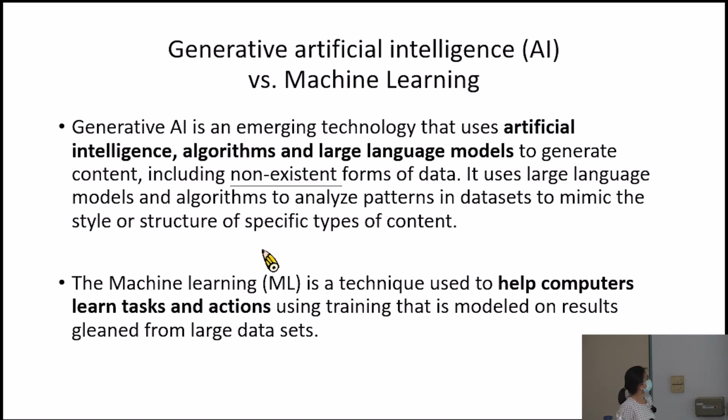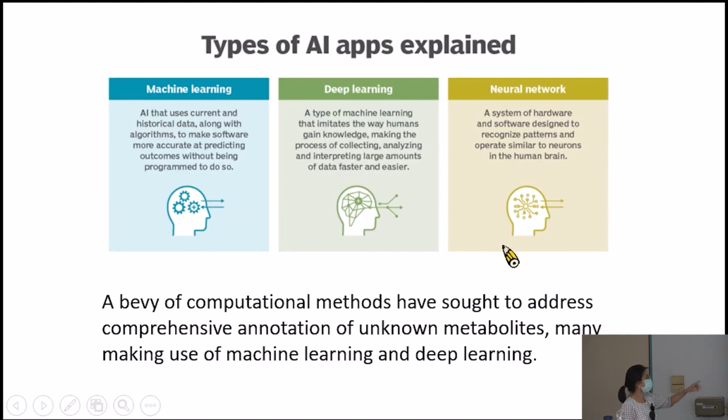Okay. So when we are talking about machine learning, there is another term that frequently shows up with generative AI. You have probably heard about deep learning or the neural network. Basically, deep learning is a kind of machine learning. It's an evolved approach of machine learning.